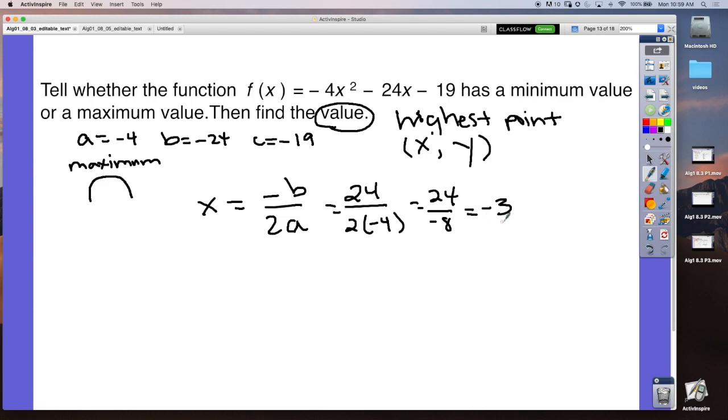Now, is negative 3 my highest point? No, because it's the x. I don't want the x. I want the y. So how do I find the y? Plug it in. Y equals negative 4, negative 3 squared, minus 24 times negative 3 minus 19.